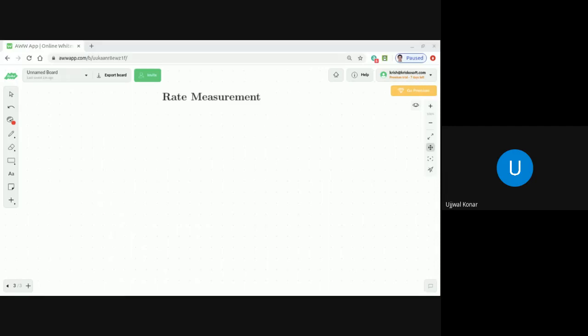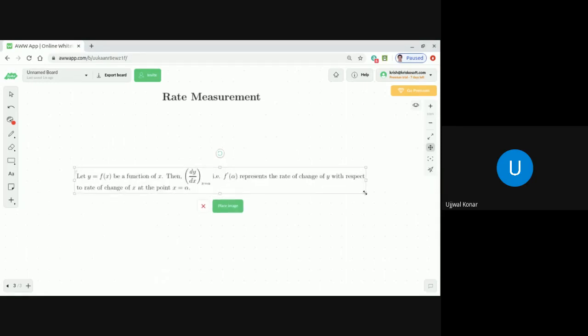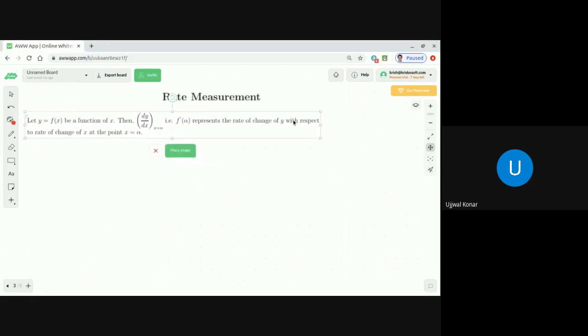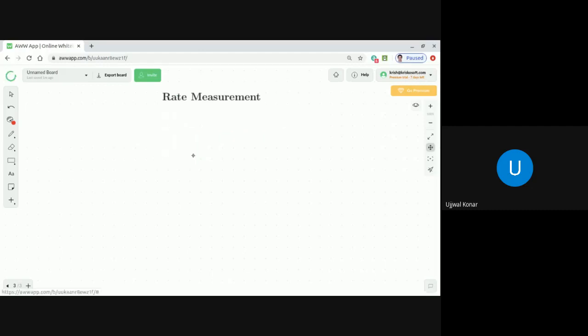Let me write down the definition first, dear students, and then let me explain. Let y equal to f(x) be a function of x. Then dy/dx at x equal to alpha, that is f dash alpha, represents the rate of change of y with respect to the rate of change of x at the point x equal to alpha.